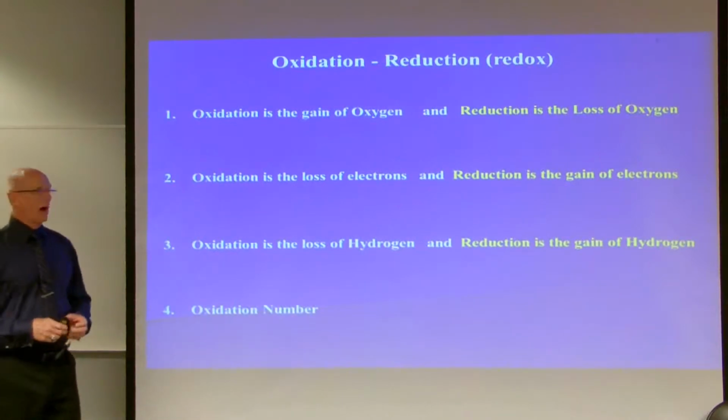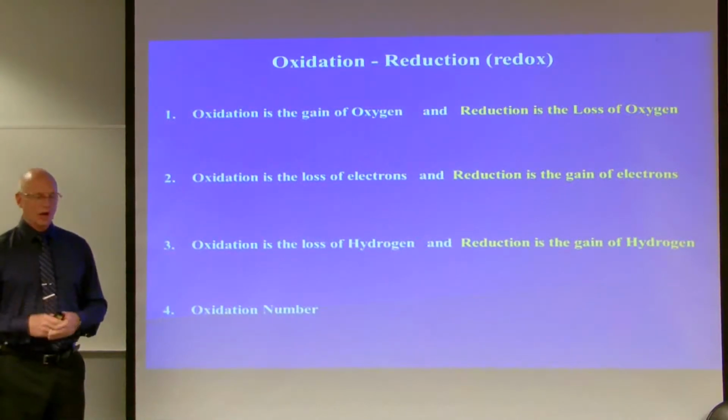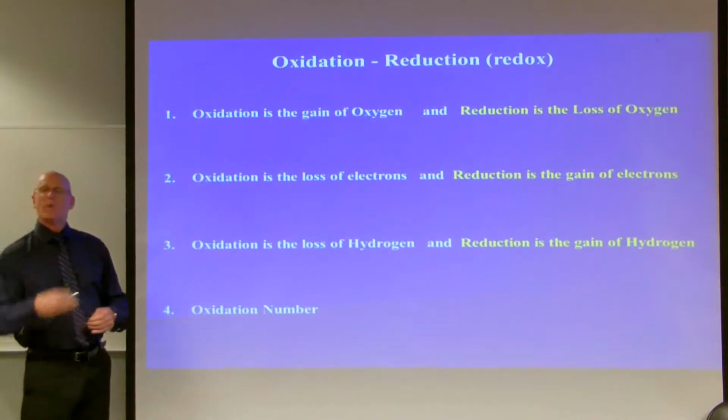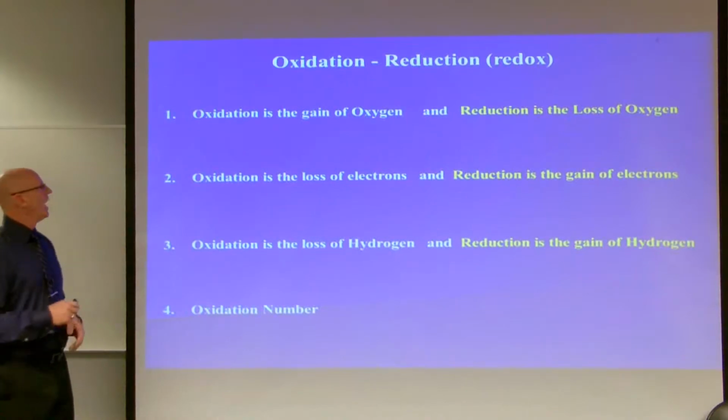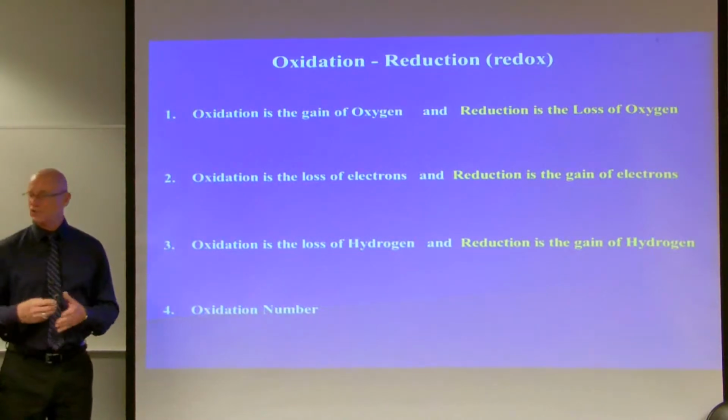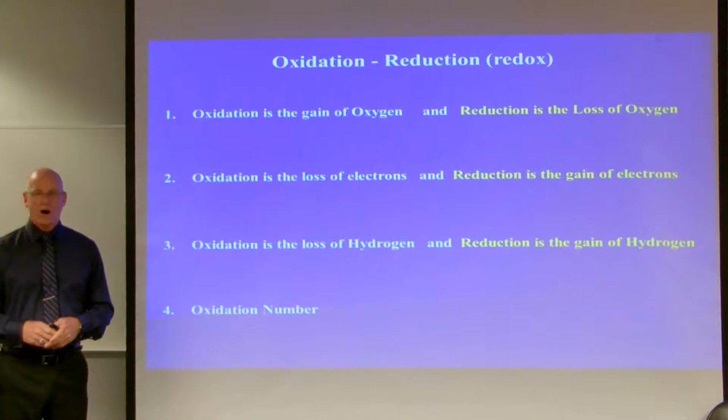Now, in the past, before we recognized the electrons, that was before Sir Thomas, a British physicist who identified electrons somewhere around the 1890s, we used to refer to oxidation reduction differently. We used to refer to oxidation as the gain of oxygen, and reduction as the loss of oxygen.